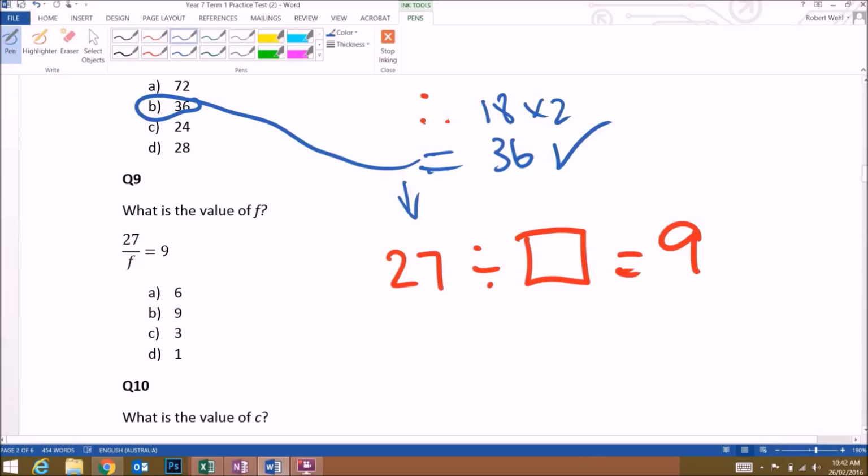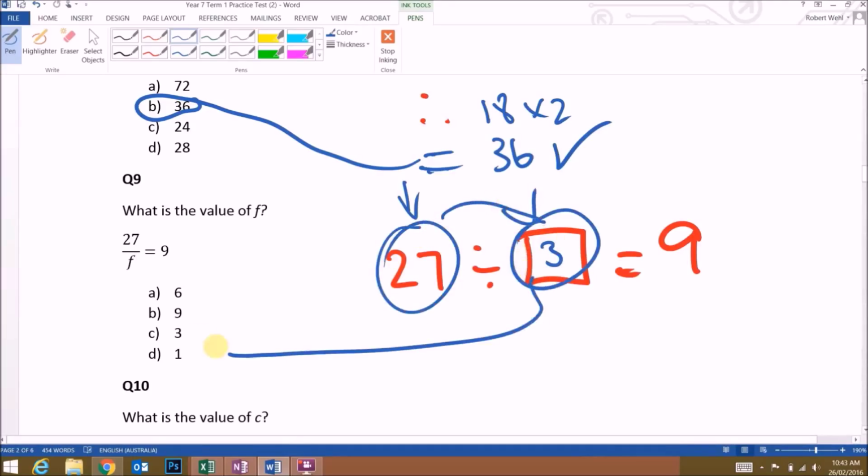That's probably your biggest hint. In this instance, I know that 3 is the smallest number that I can think of, apart from 1, that can be divided equally into 27. And 3 is obviously my answer. But once again, you can guess and check. You can put multiple numbers in there and see whether you're right or wrong.